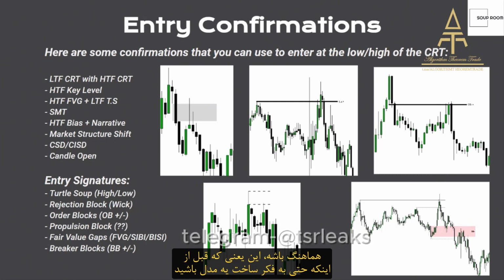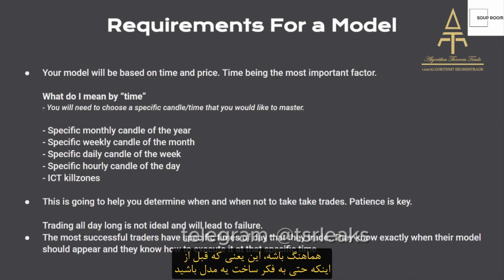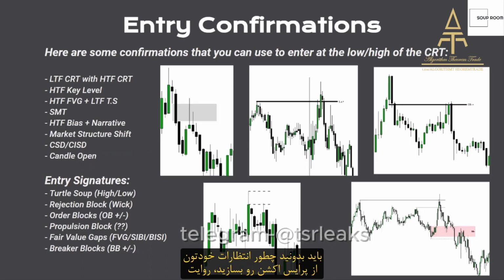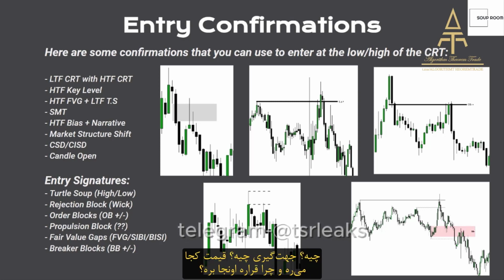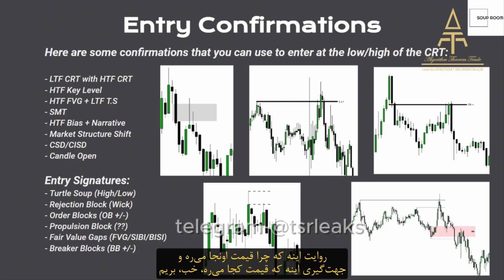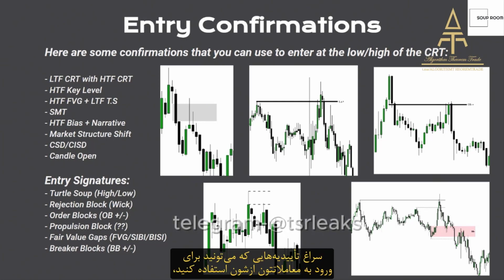Okay? That means before you even consider creating a model, you must know how to create your own anticipations of price action. What is the narrative? What is the bias? Where is price going and why is it supposed to go there? The narrative is why price is going there, and the bias is where price is going, okay?